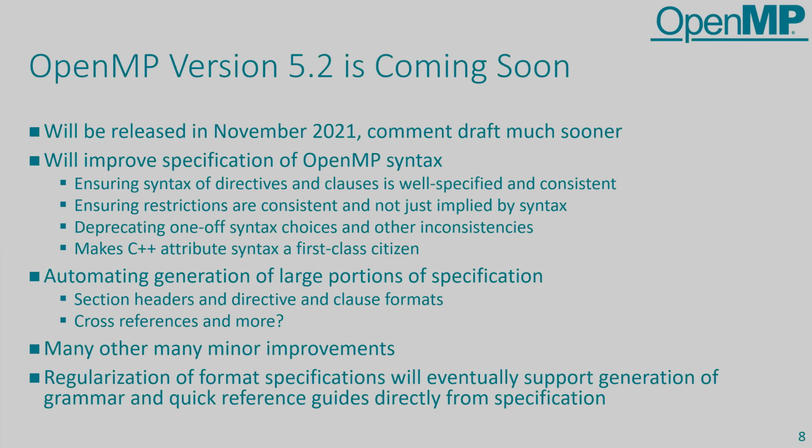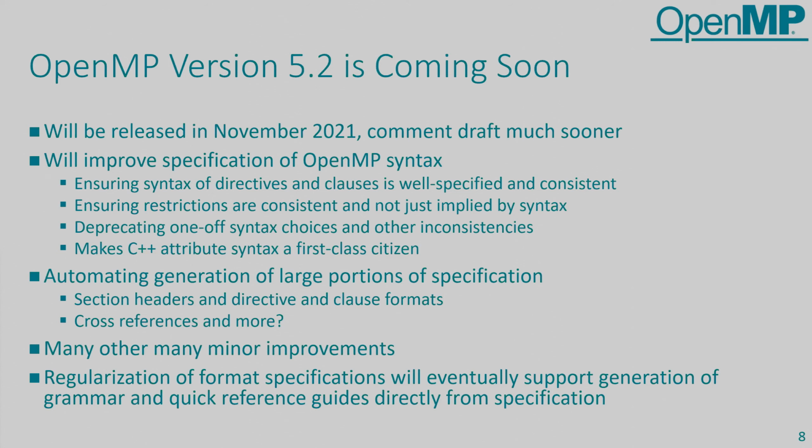The labels aren't the same, so you don't get all the cross-references quite right. The index entries aren't right. We're trying to generally just further improve the quality of the specification. In a way, 5.2 could be viewed as one very large quality control pass.